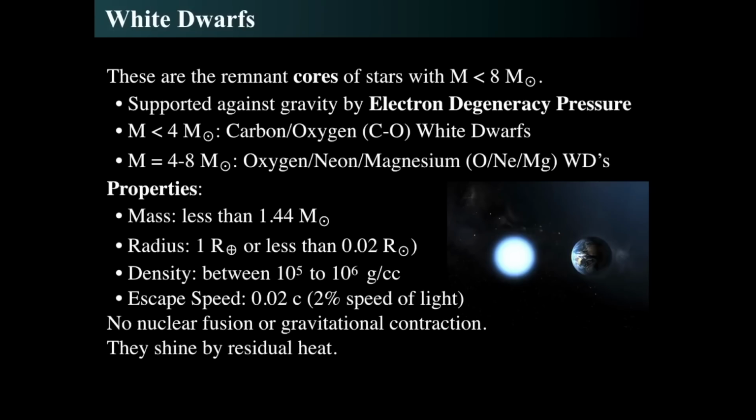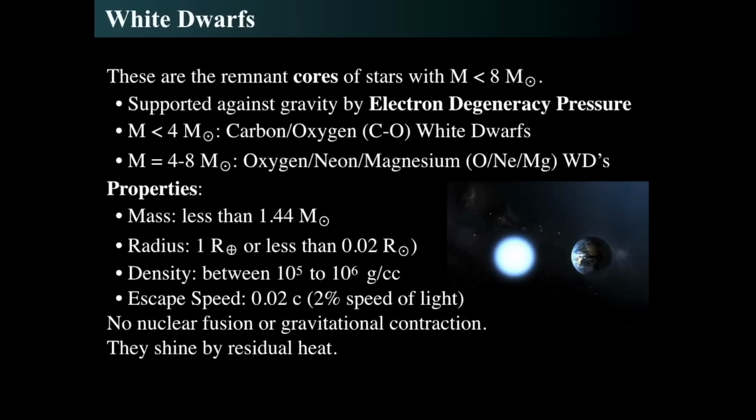So we learned last time that white dwarfs are remnant stars. We've learned over the last couple of lectures that they're the cores of big stars, stars from less than the mass of the Sun up to about 8 times the mass of the Sun.